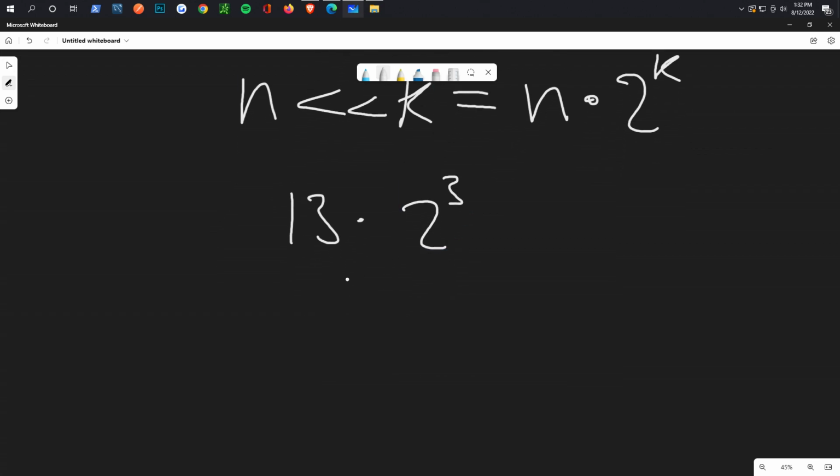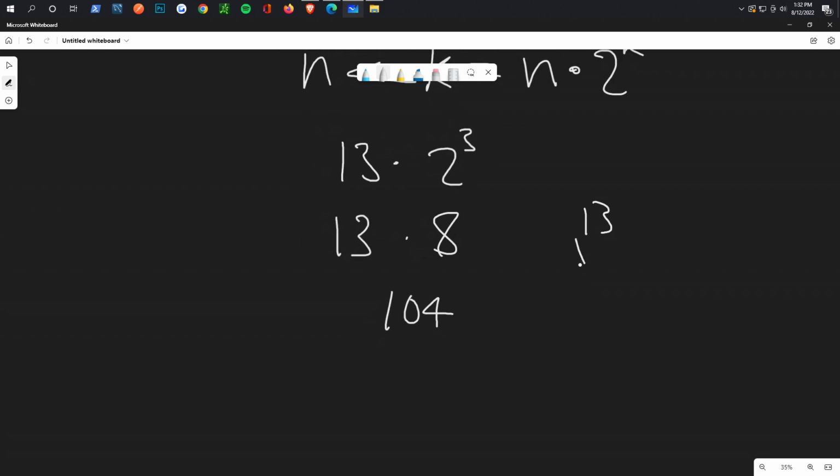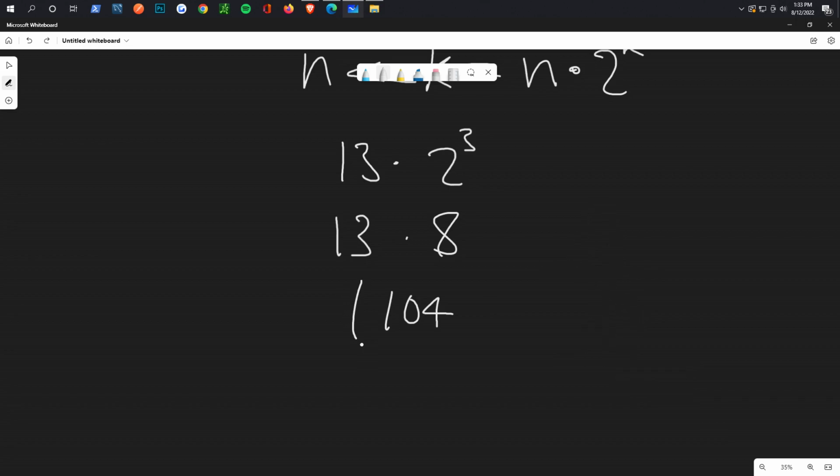We know that 2 to the 3 is 8, so 13 times 8 ends up being 104. So 13 times 8 is 80 plus 24, 104. So that was pretty quick.